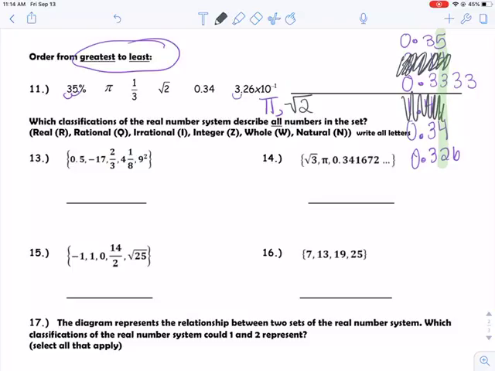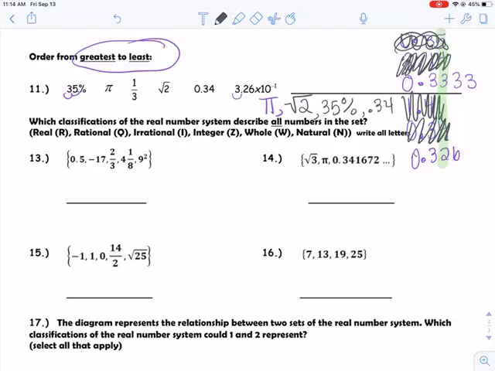Because we're going greatest to least, we take the next biggest, which would be 0.35, which was 35%. That's next. Now we have 3, 4, and 2, so we take the next biggest one, which is 0.34. Now that's gone.